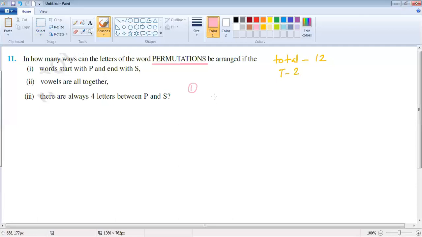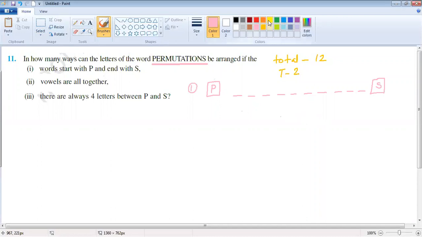So what they said is the word will start with P. So the first alphabet should be P, then 10 letters in between, and the last letter should be S. So the word should start with P and end with S.